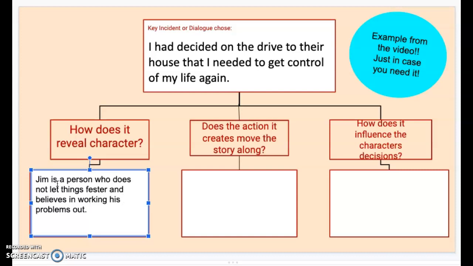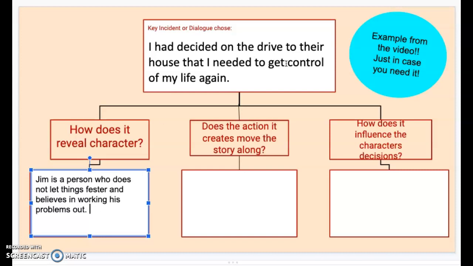Okay, so I've learned from the story and from what's going on here that Jim does not let things fester. So he doesn't let things just sit on his mind. Jim seems like the kind of guy that if he's had a bad day, in this case a bad couple of days, he doesn't let it just sit and get yucky. He wants to work it out. He believes in working out his problems.